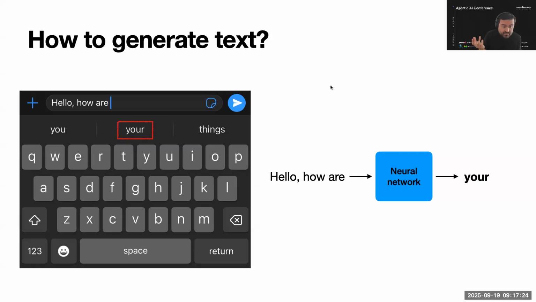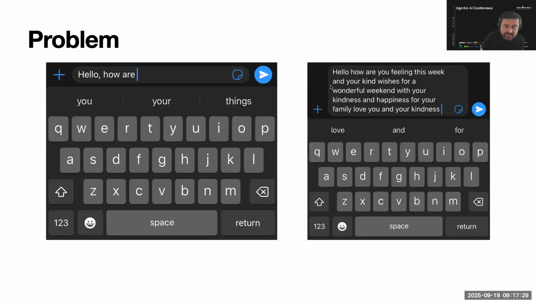Now, we had a chatbot all this time, right? Why didn't we use it as a chatbot? Have you ever tried to use the autocomplete button as a chatbot and keep pressing the middle button to make it talk? I tried this: "Hello, how are you feeling this weekend?" "Your kind wishes for a wonderful weekend with your kindness and happiness for your family. Love you and your kindness." It's not very eloquent. It talks like Dory, the fish. It just forgets.